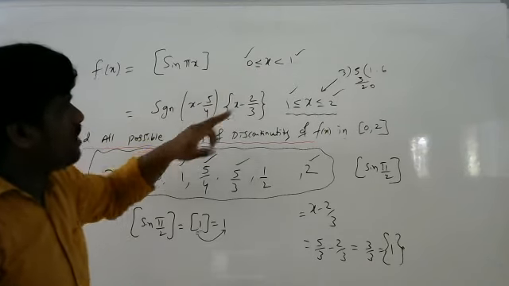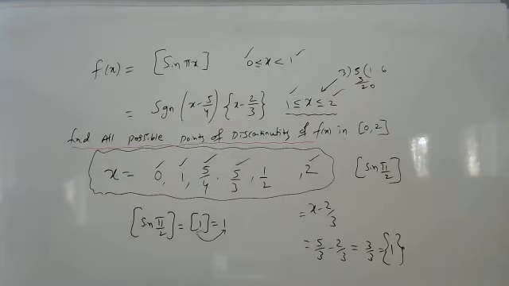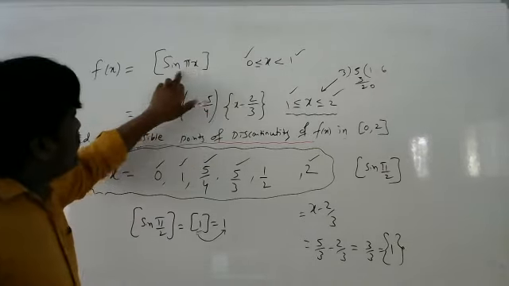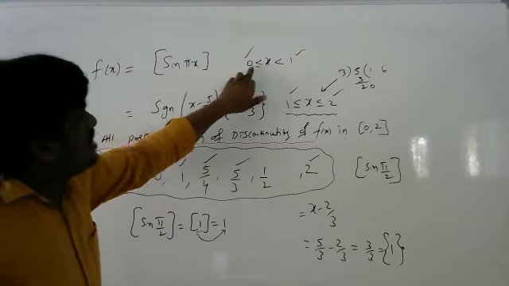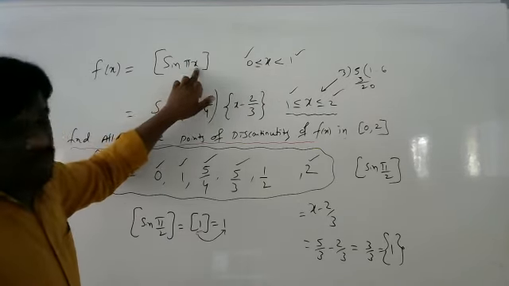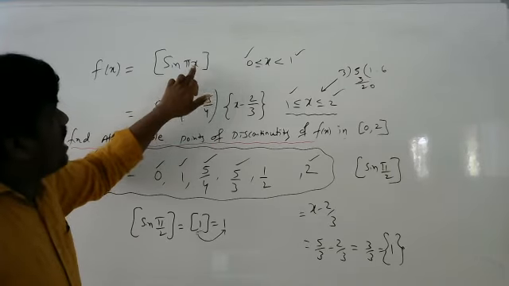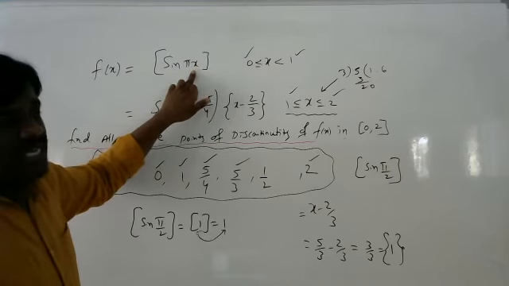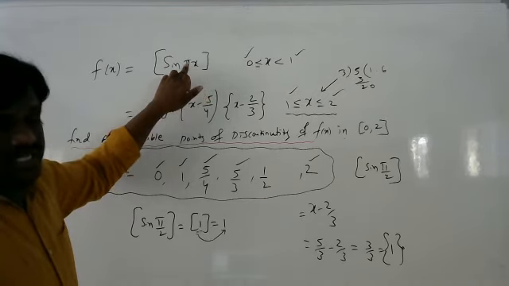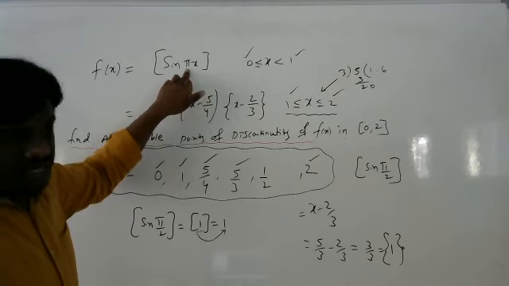If I put any value from 0 to 1, and that gives an integer, then that is the point of discontinuity, because the greatest integer function is discontinuous at integer points.